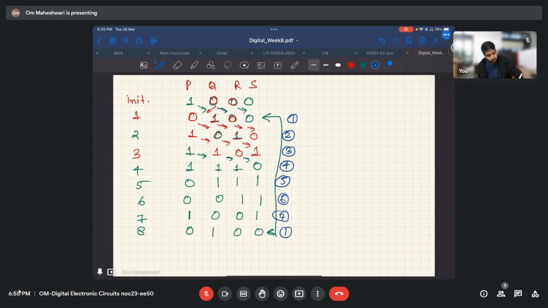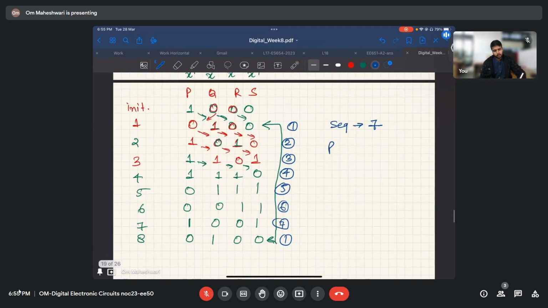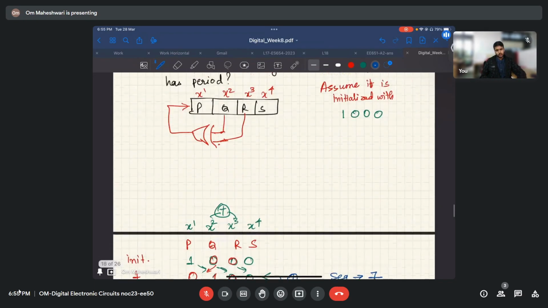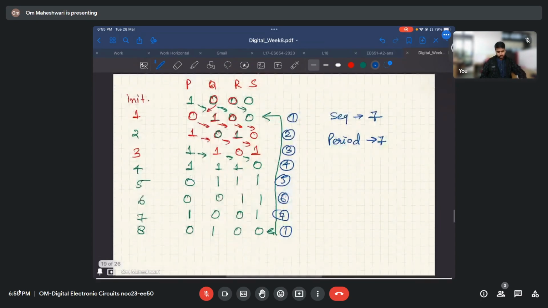So it has a sequence length of 7. So period is 7. Right? Is it clear? If we initialize it with 1000, we'll get this.